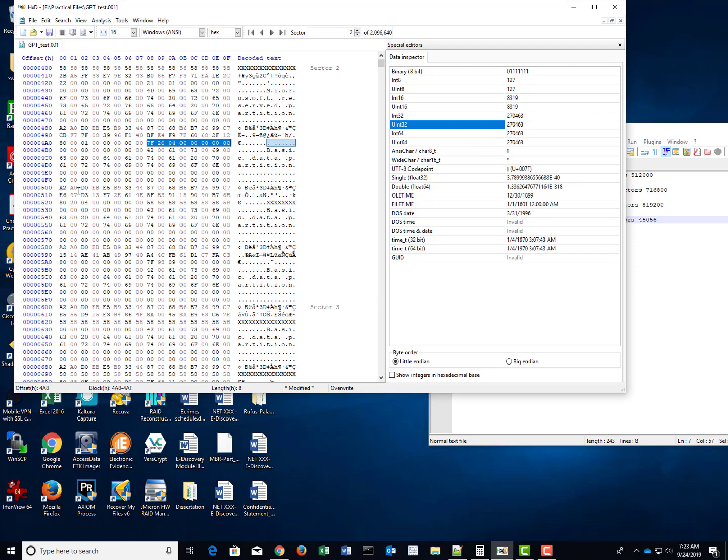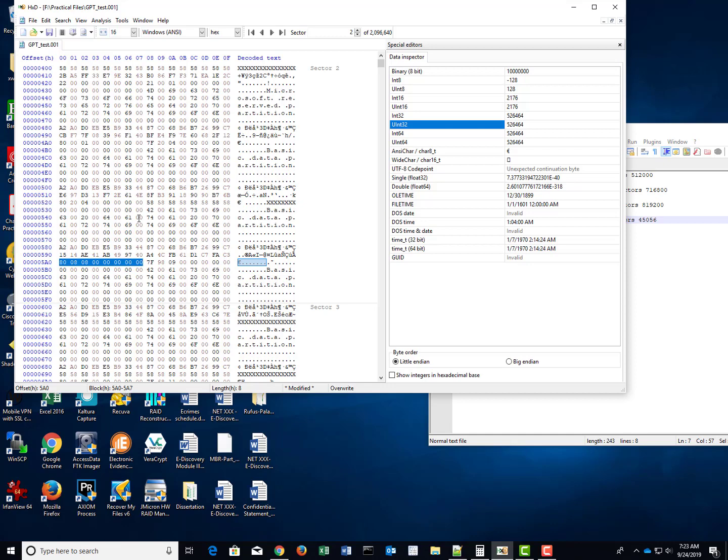I got my A2, A0, D0, I'll go down 2 lines. There's my starting sector for partition 3. Now here, partition 3, I don't know the ending. But I go down to partition 4. Again, there's my A2, A0, D0. Go down 2 lines. There's my starting sector.